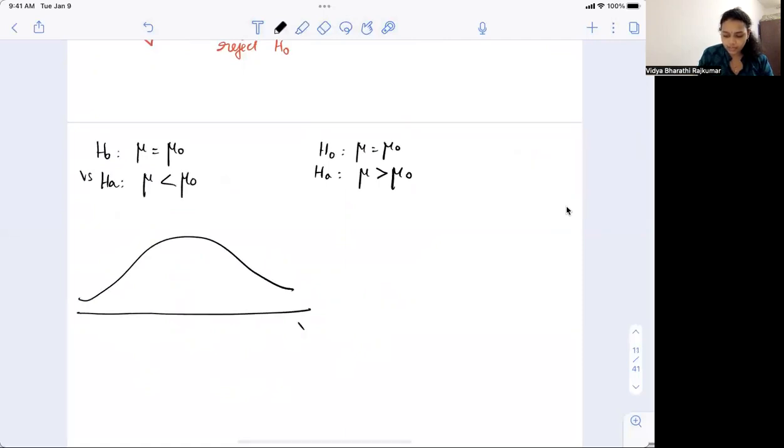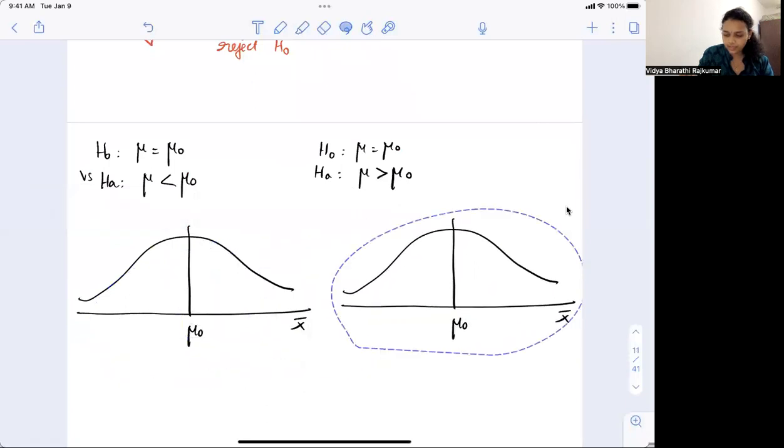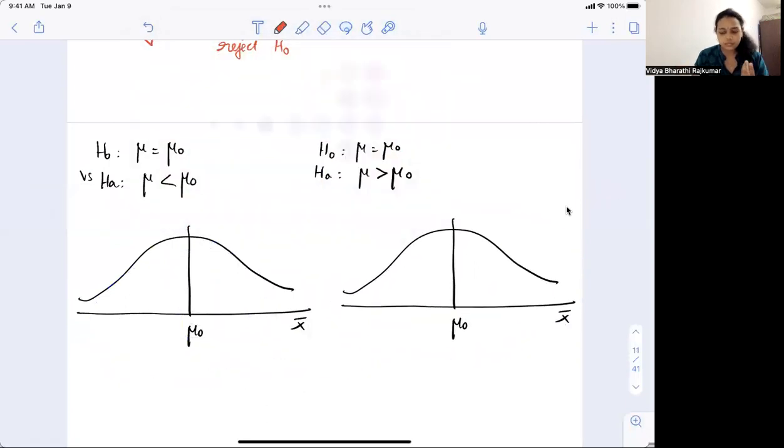So if I have an x bar distribution and if I have mu naught, let me just draw this diagram again so that we could see the other case. Now, if I'm looking at mu lesser than mu naught, I'm going to be focusing on this region because that's where my mu could be lesser than mu naught. And if I set the same threshold of 5%, I'm going to be looking at cases of finding extreme values such that those extreme values have a less than 5% probability of showing up.